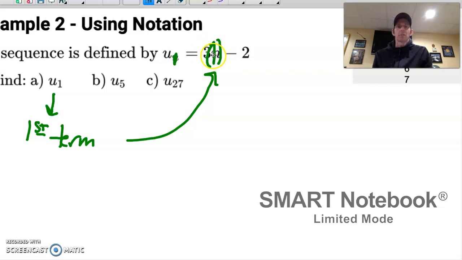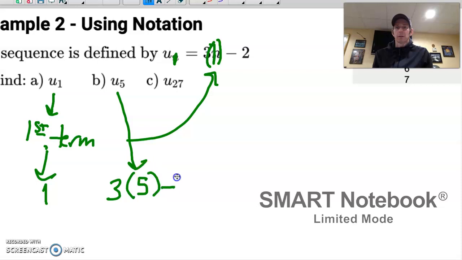And so I would do 3 times 1, which is 3 minus 2. So the first term would equal 1. If I want to find U of 5, which is the fifth term, I would put a 5 in for n. And I would have 15 minus 2, which is 13.